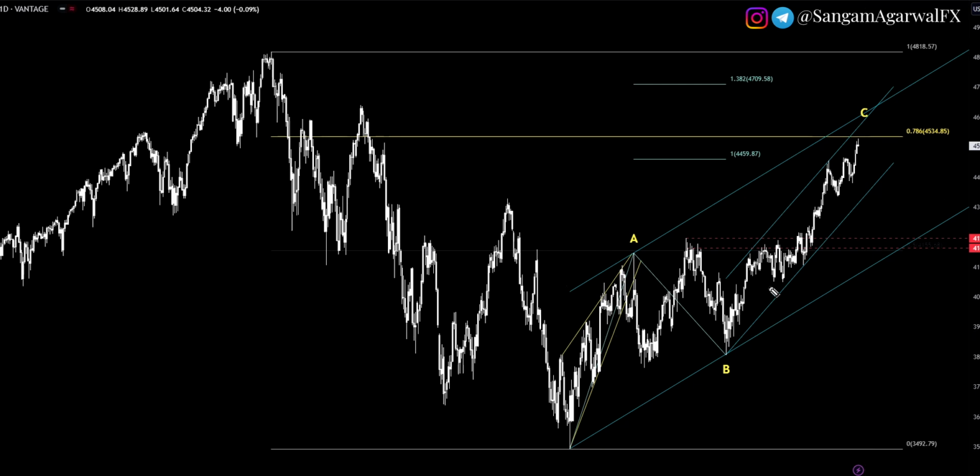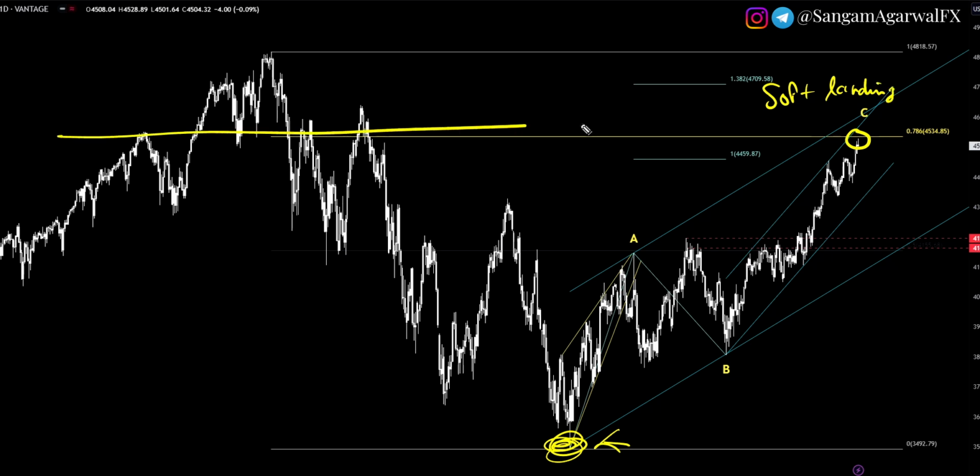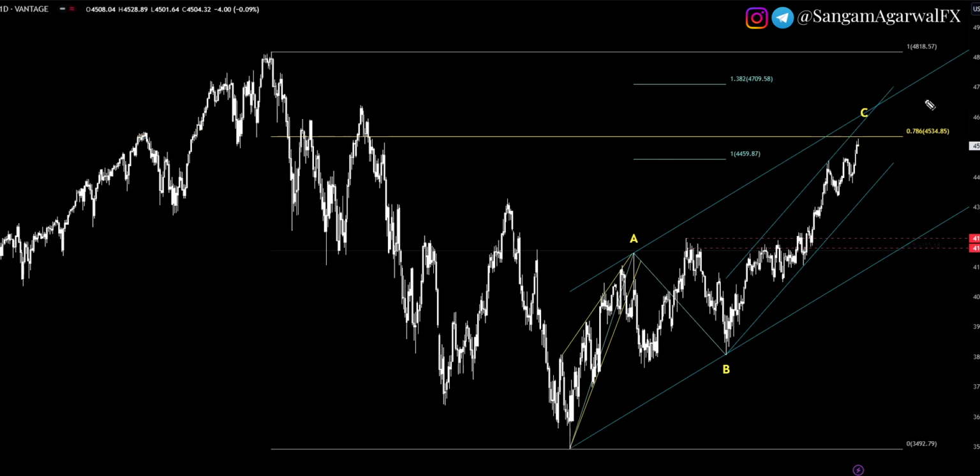And S&P 500 daily time frame for intraday trader, if you do wave counting from this bottom, soft landing speculation started right here when everyone was predicting recession, and now those same people are saying soft landing. And this market is saying there is no difference between 0% Fed interest rate and 5% Fed interest rate.